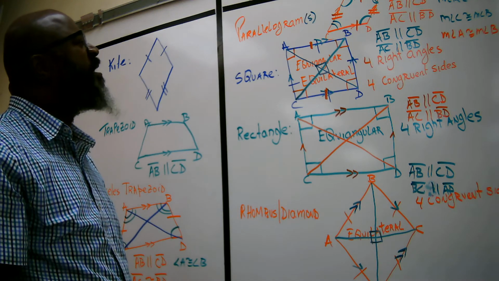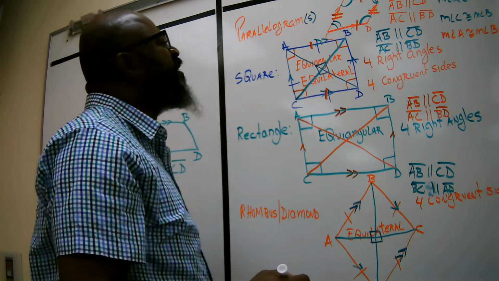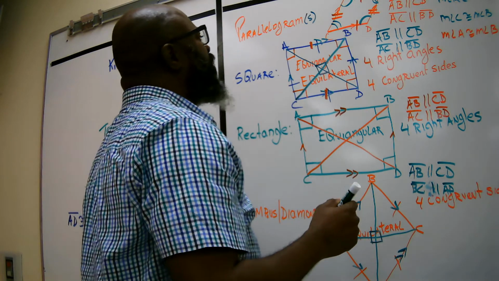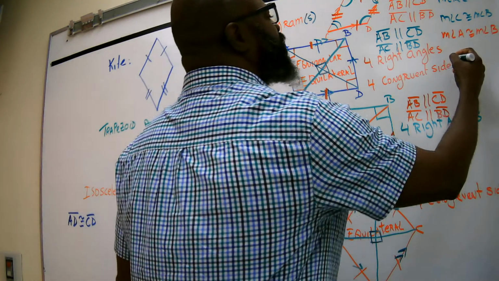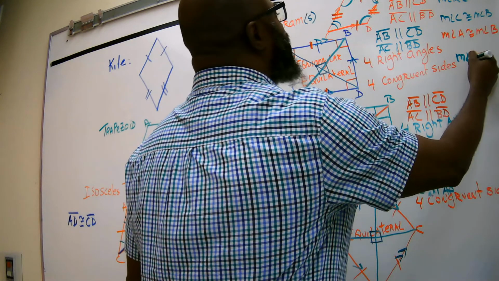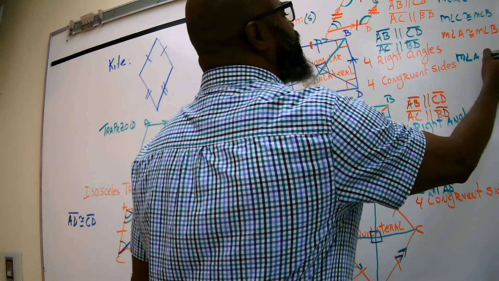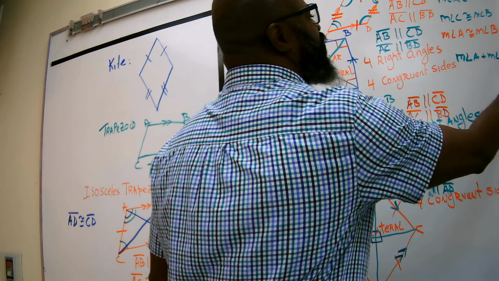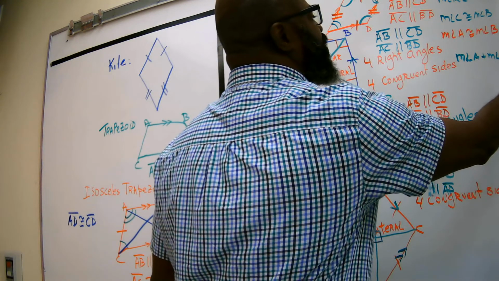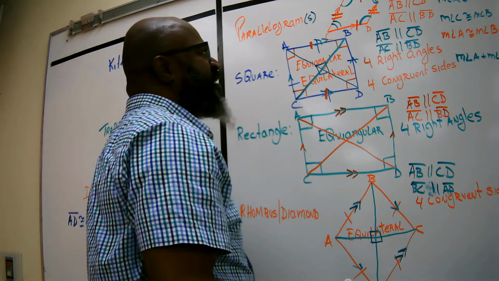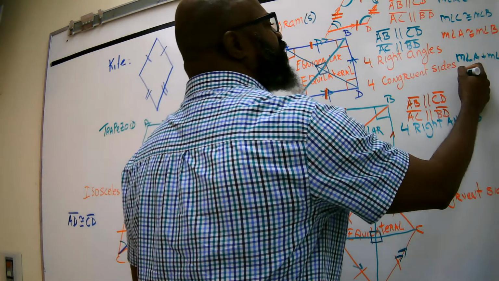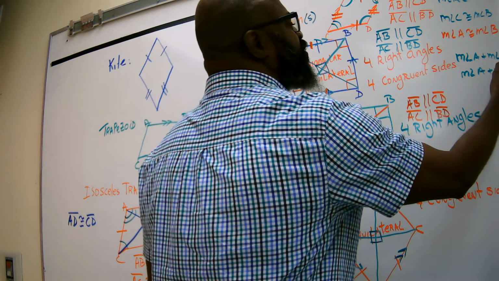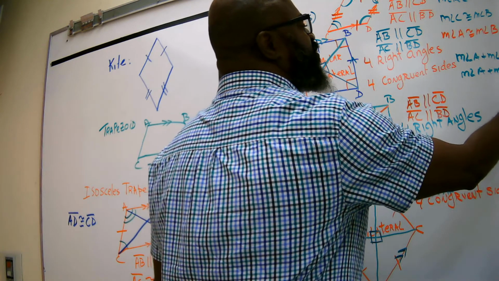In a parallelogram, consecutive angles are supplementary. So the measure of angle A plus the measure of angle B will be equal to 180. The measure of angle A plus the measure of angle C will be equal to 180.